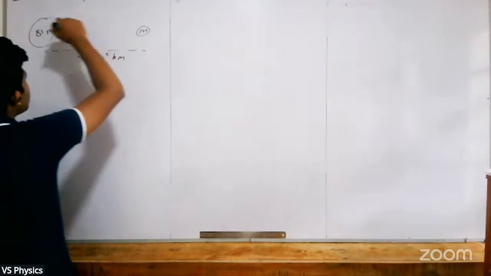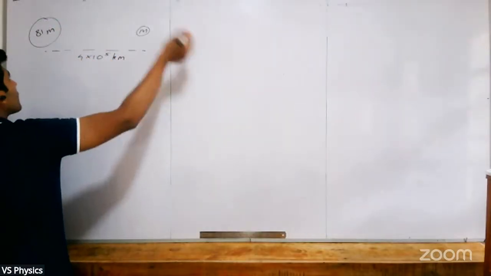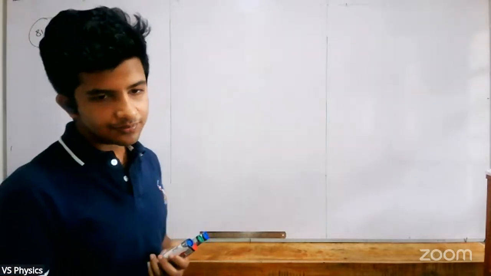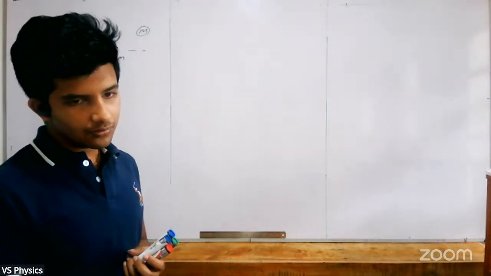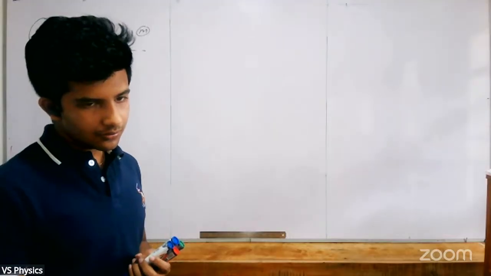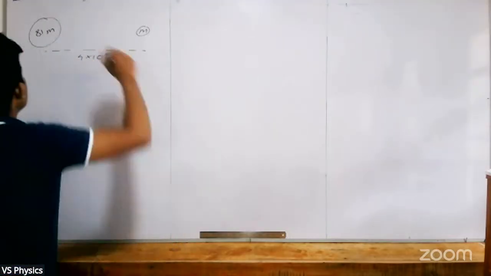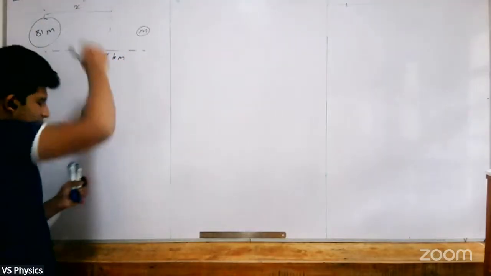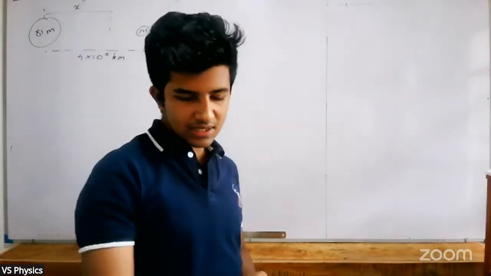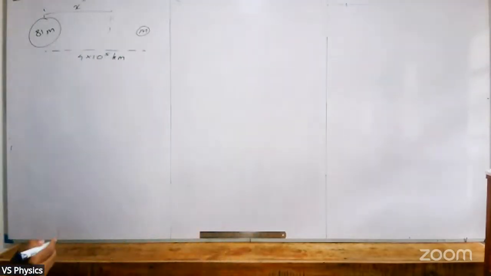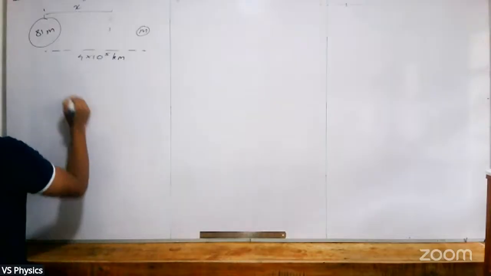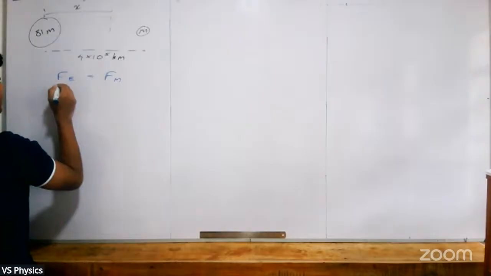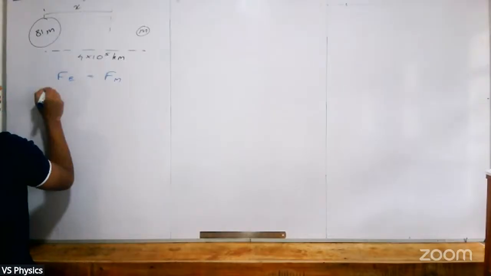So we are talking about from Earth. We can take this distance as, as I said yesterday, x. If we take this distance as simple x, we can write gravitational force by Earth is equal to gravitational force by Moon.